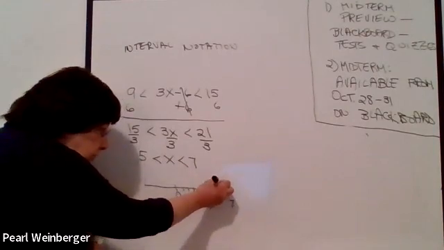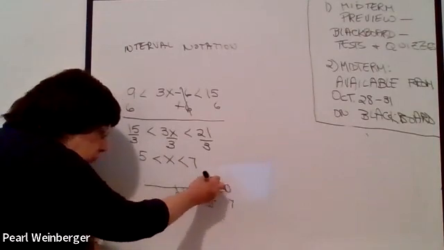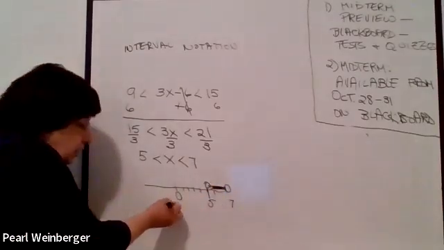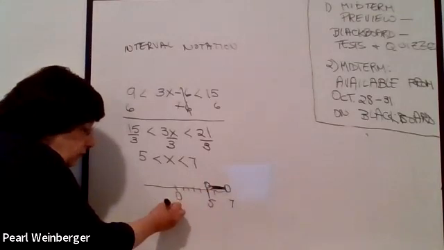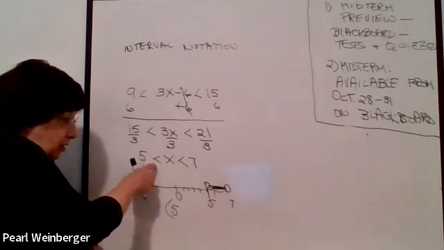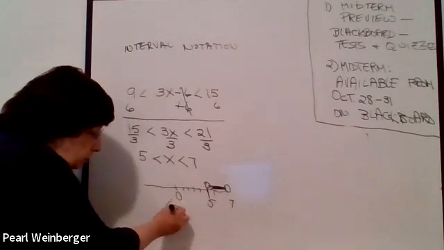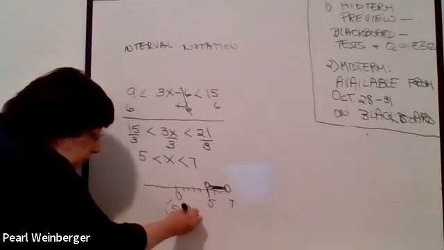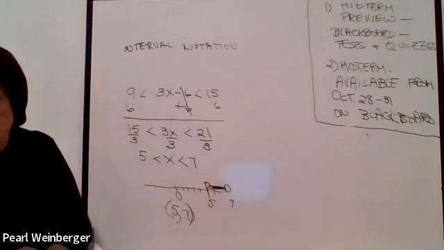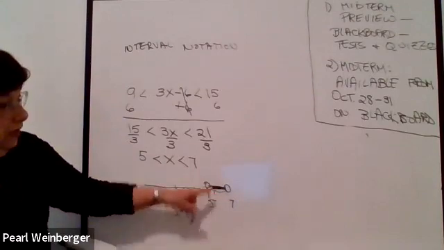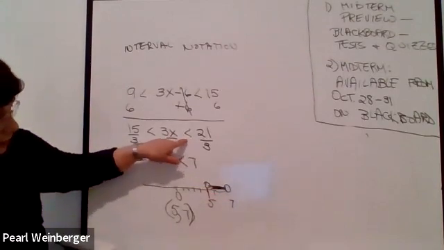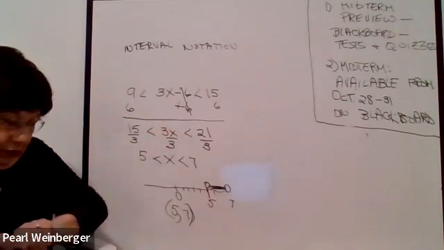An open circle at 7, and you connect the two. It's everything in between the 5 and the 7. In other words, it's 5 parentheses because it's less than, it's not a less than or equal to, comma 7 parentheses. Remember, you use the brackets, the square parentheses, if it has a less than or equal sign, if it has its little extra line over here.